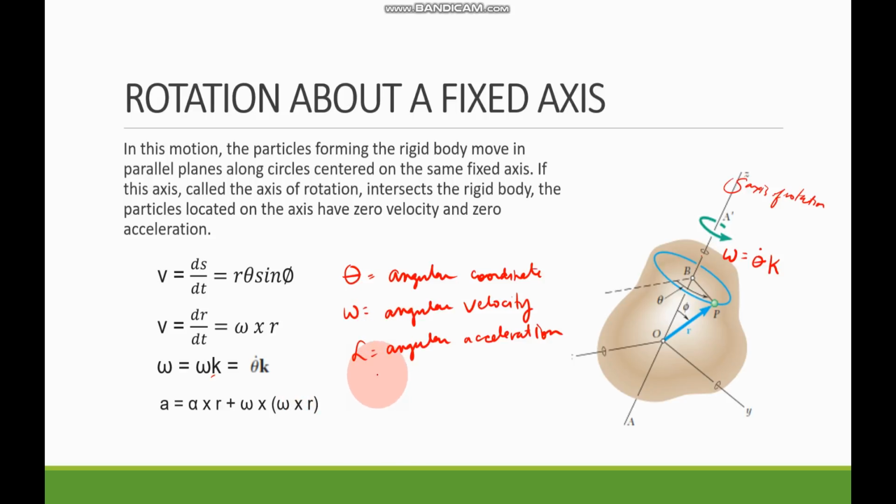Or in other words, our angular acceleration is just the derivative of the angular velocity with respect to time, or it can also be expressed as the magnitude of the angular acceleration multiplied by the constant k, or the first derivative of the angular velocity, or in other words, the second derivative of the angular coordinate.